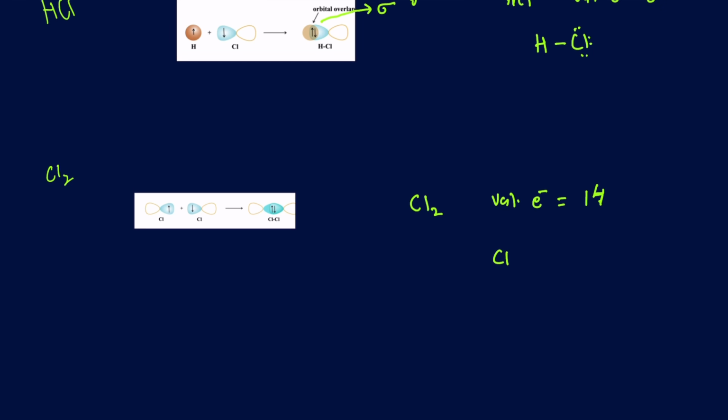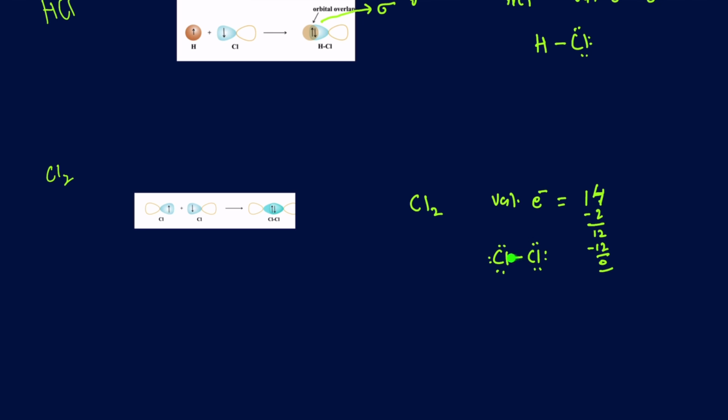I'll put one bond between the two chlorine atoms, and that uses up 2 electrons. So I still have 12 more to go, and we want to complete the octets for all the chlorines, and that uses up the remaining 12 electrons. And this explains the octet. Both of the chlorines are happy.